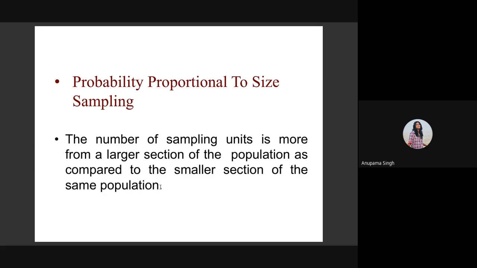So what happens is, I'm sure that everyone would have heard about the National Family Health Survey, right? So in that, they take medical information about each and every different population of India, right? So it happens in every state and every district.